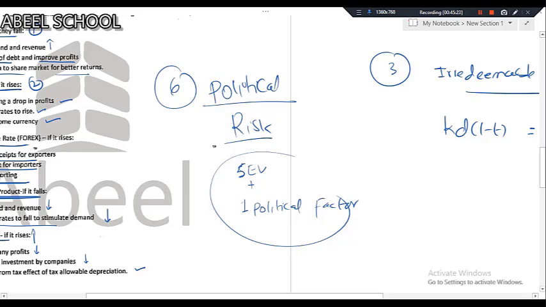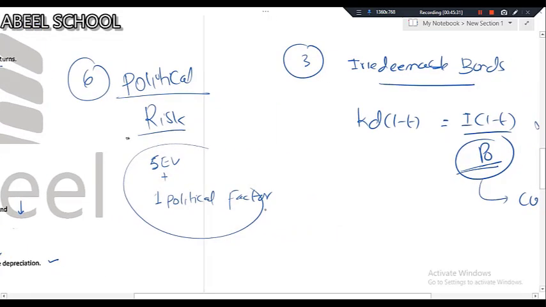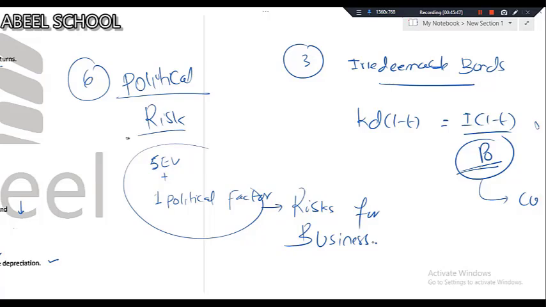So actually we have 5 economic variables, 1 political factor. I want to say something. All of these 5 economic variables and 1 political factor are basically risks for business. Now listen and listen carefully.